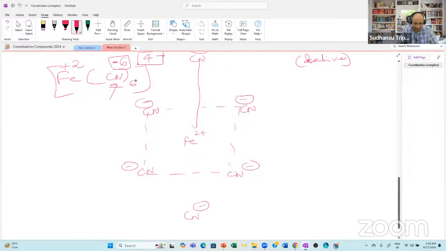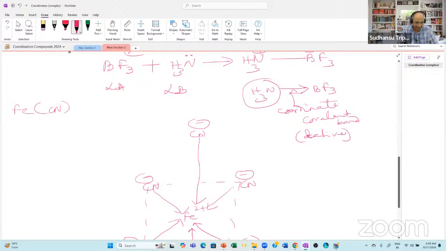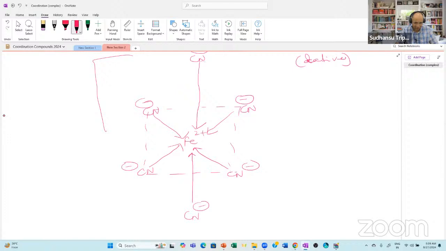I treat you as a lay student, which you are not. All of you are intelligent students. So these are covalent bonds. And the whole entity is called the complex ion.